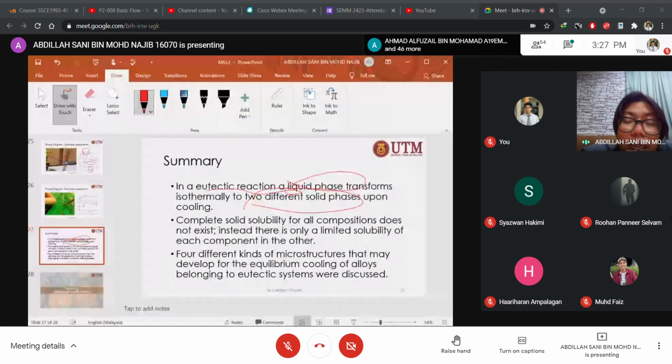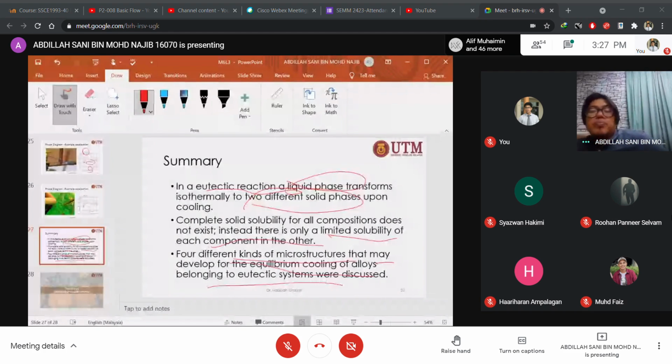And then complete solubility does not exist. There is a limited solubility for eutectic. And there are four kinds of microstructure that may develop from the equilibrium cooling of alloys belonging to the eutectic system, which we have reviewed just now. Okay, so far can you understand? Is there any question?